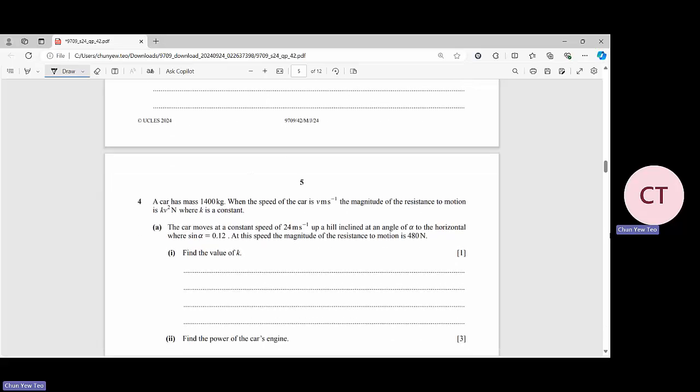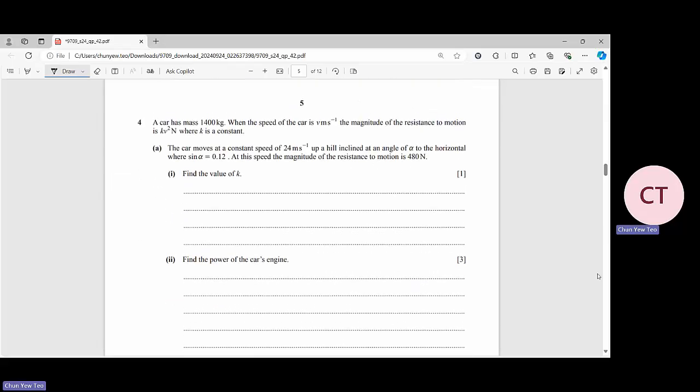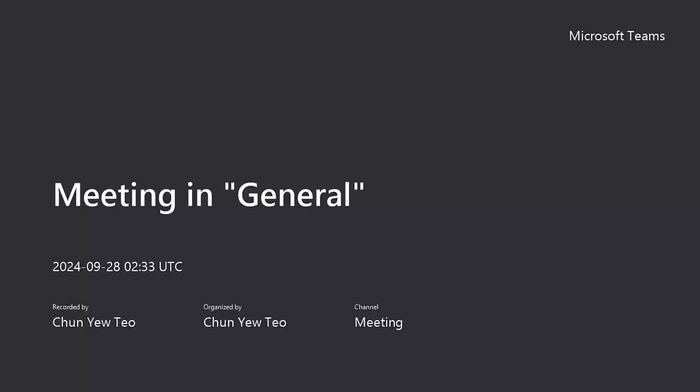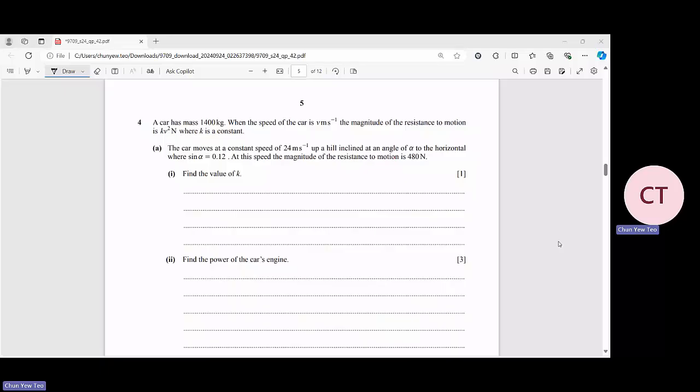Moving on, question number 4. Now we take a look at question number 4. A car of mass 1,400 kg, when the speed of the car is v meters per second, the magnitude of the resistance to the motion is kv squared, where k is a constant.